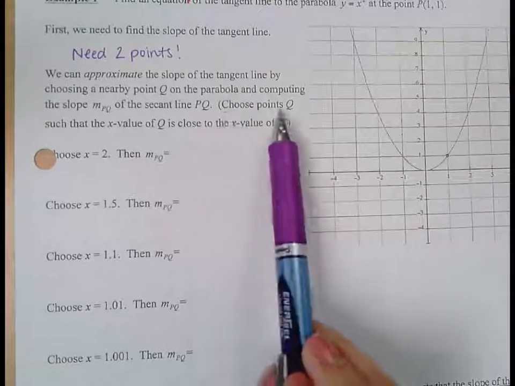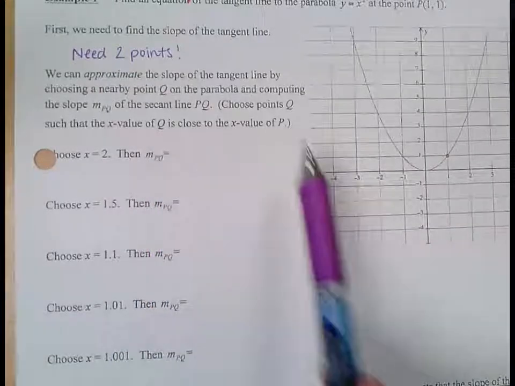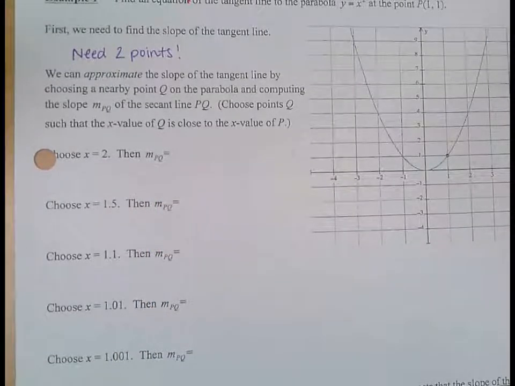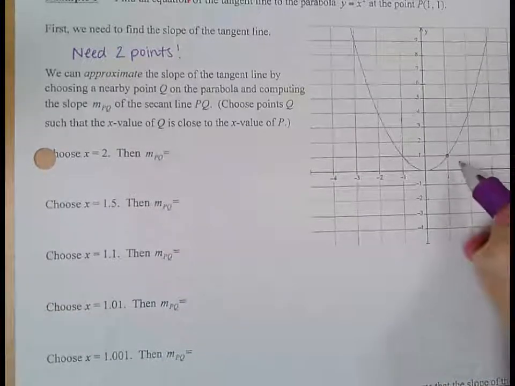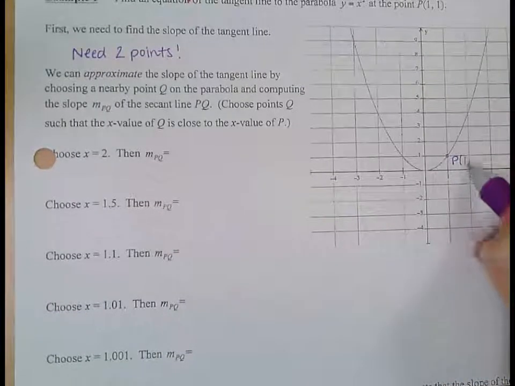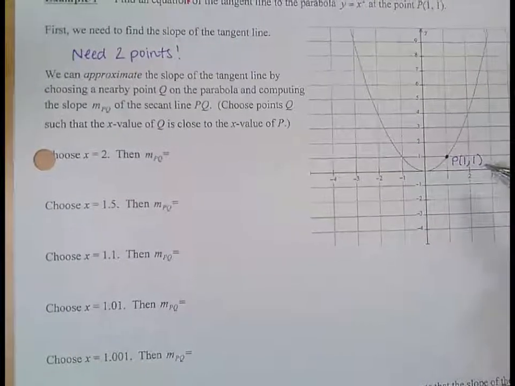So we're going to choose points for Q such that the x value of Q is close to the x value of P. So I do have our choices here. So right now P has the ordered pair 1, 1, or the coordinates 1, 1, so the x coordinate is 1.